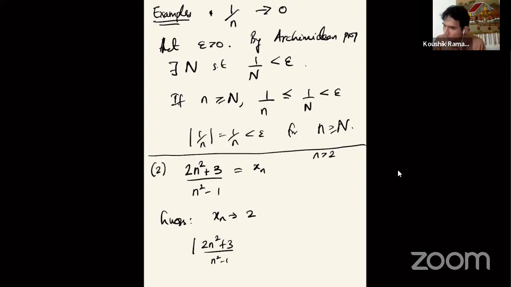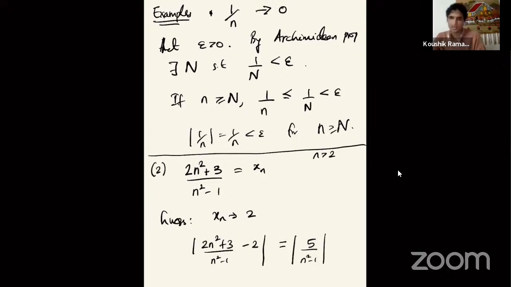Okay. So (2n squared plus 3) by (n squared minus 1), you have to look at the difference with 2 in modulus. How do we control this? If you do the algebra, taking common denominators, you have minus 2n squared plus 2, so it is 5 by n squared minus 1, right?